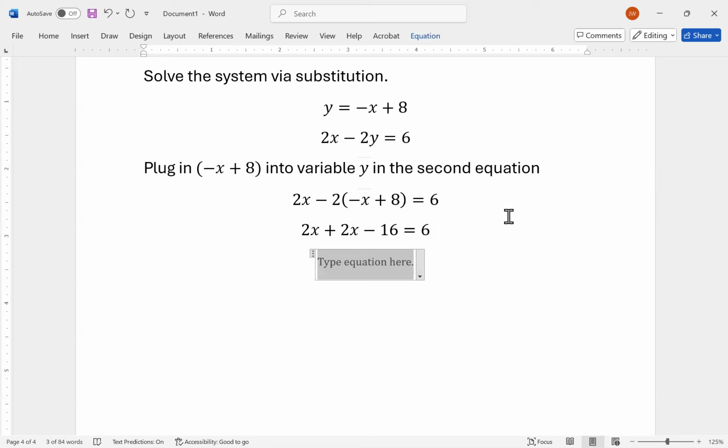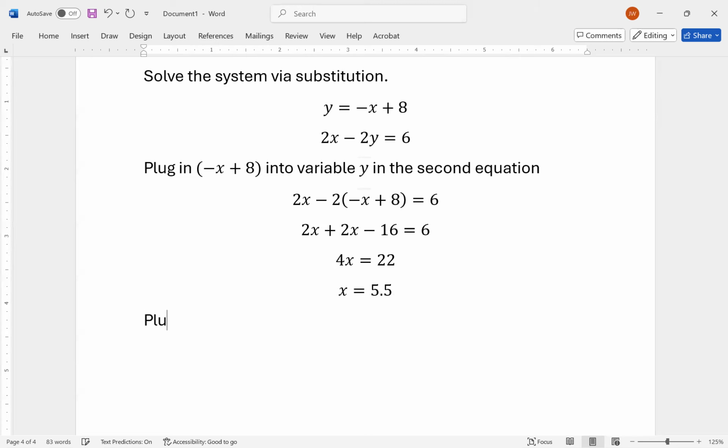I'll take 2x plus 2x and get a 4x, and then I'll add 16 to both sides. If I take 6 plus 16, I get a 22. And now I can divide by 4. So that means x is equal to 5.5.